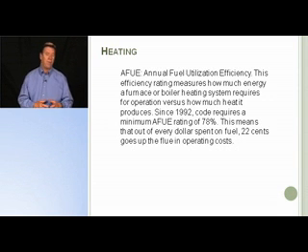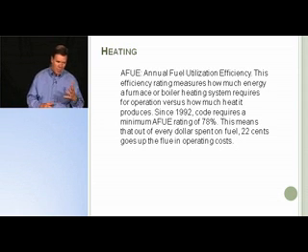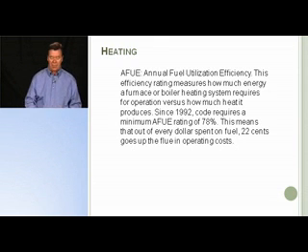So for example, if we have a furnace that has 90% efficiency or 90% AFUE, that means that 90% of that furnace's energy goes into heating the home. 10% of that energy goes up the flue. Typically the minimum requirement for new furnaces today is about 78% efficient.